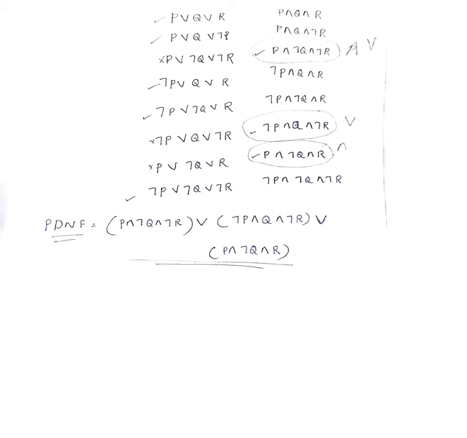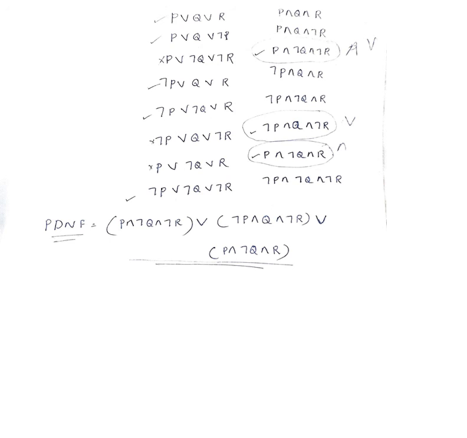Here P or negation Q or negation R gives the min term P and negation Q and negation R. Another term not in the PCNF is negation P or Q or negation R, and the next one is P or negation Q or R.